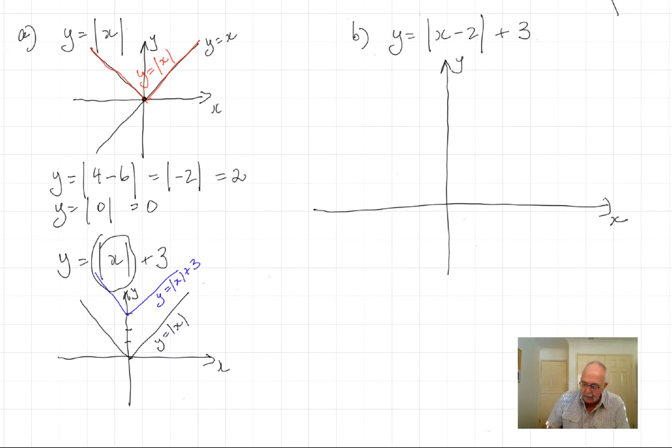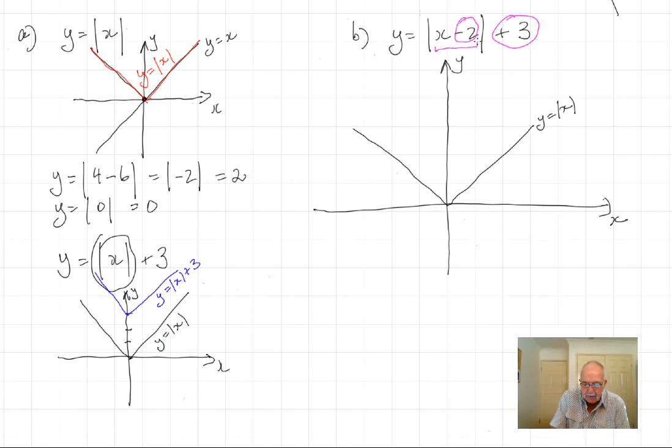And we can start with y equals the absolute value of x. Now we've got to look at what effect the minus 2 has and the plus 3 has.